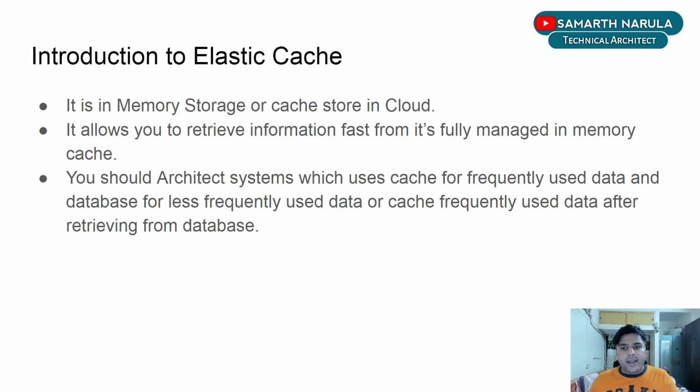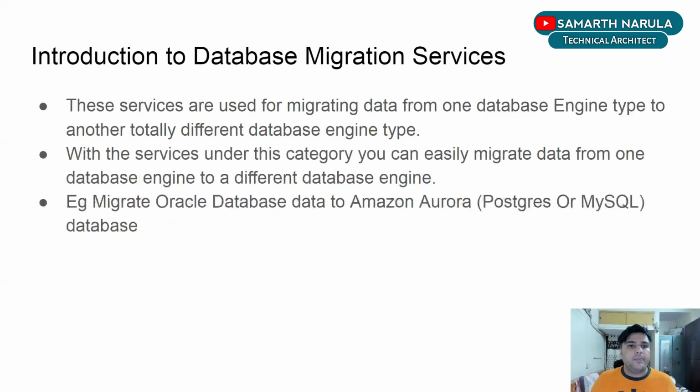That is why the data that you frequently access, only that data you should store in ElastiCache, and the data that you less frequently access, you should store in the normal databases. So you should architect systems which use cache for frequently used data and database for less frequently used data, or cache frequently used data after retrieving it from the database. So you should design systems like this.